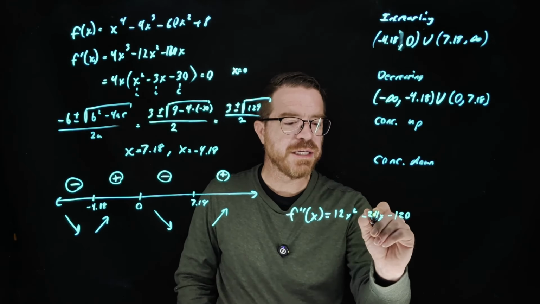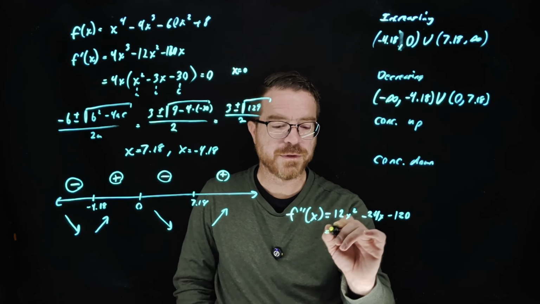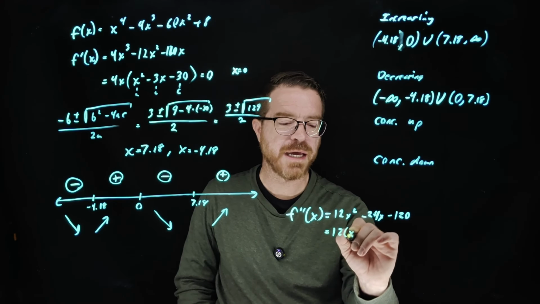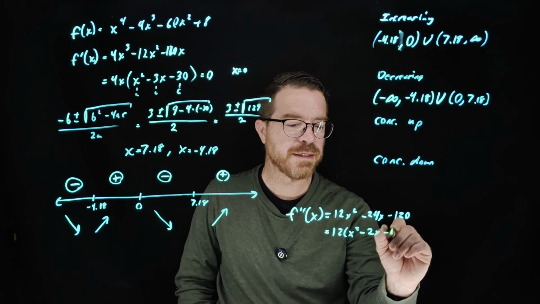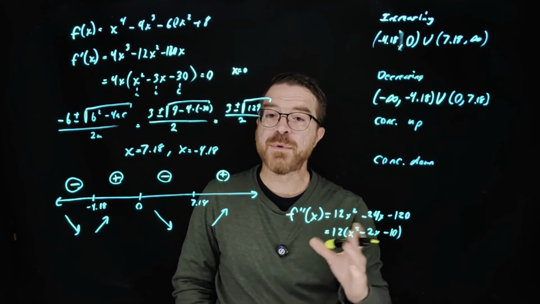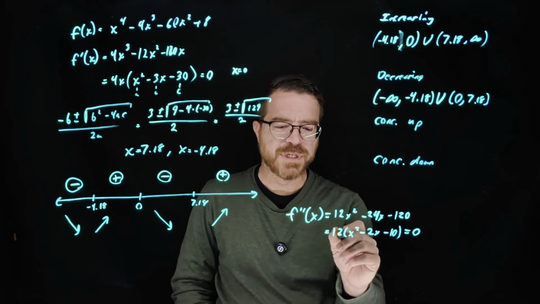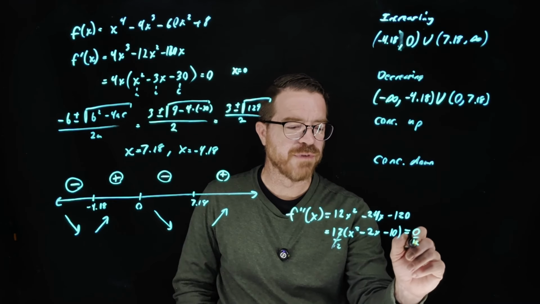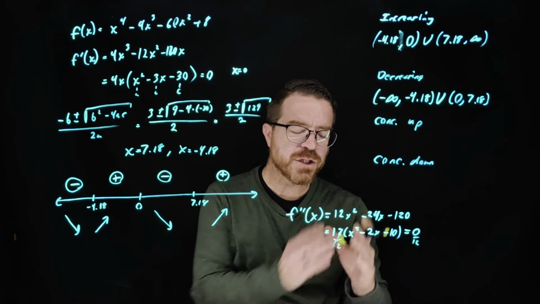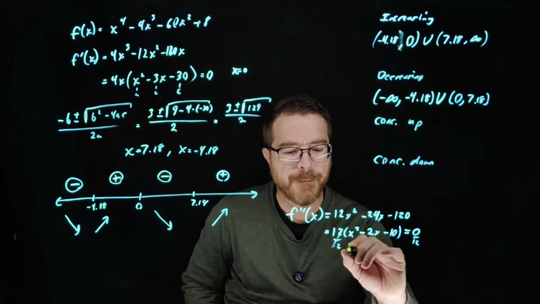Okay, so each of these have 12 in them, so I'm going to pull that out. So this is going to be 12 times x squared minus 2x minus 10. And I want to see where this is equal to 0. So I can divide both sides by 12. This doesn't do anything, because 0 divided by 12 is still 0. So now I have x squared minus 2x minus 10 is equal to 0.